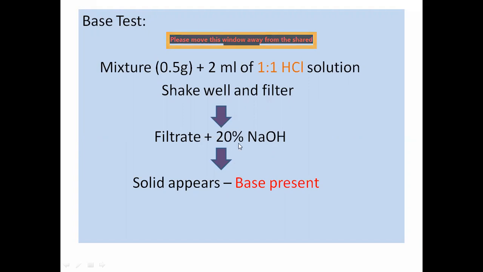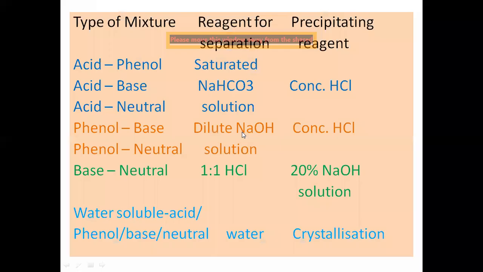So that is how you do this acid, base and phenol test. Now the type of mixtures. You have the binary mixtures: the first is acid and phenol, the second is acid and base, and the third is acid and neutral.